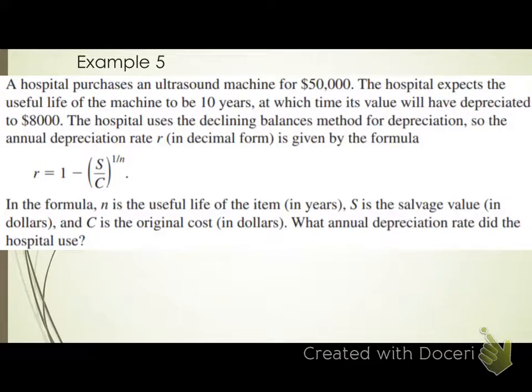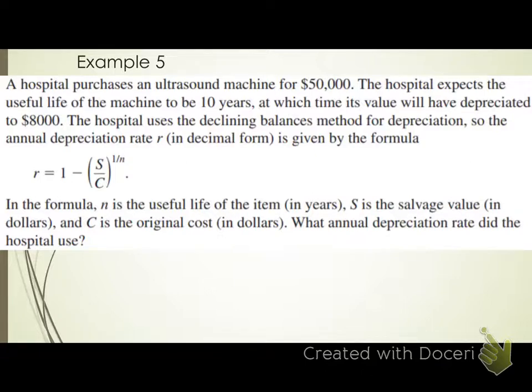It says, a hospital purchases an ultrasound machine for $50,000. That's a lot of money. The hospital expects the useful life of the machine to be 10 years, at which time its value will have depreciated to $8,000. The hospital uses the declining balances method for depreciation, so the annual depreciation rate R in decimal form is given by the formula R equals 1 minus S over C to the 1 over N power.